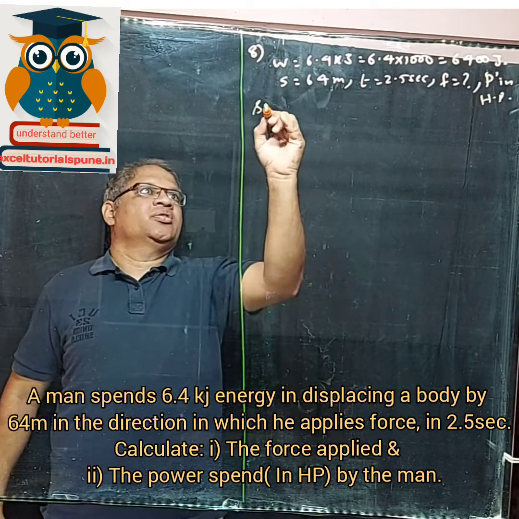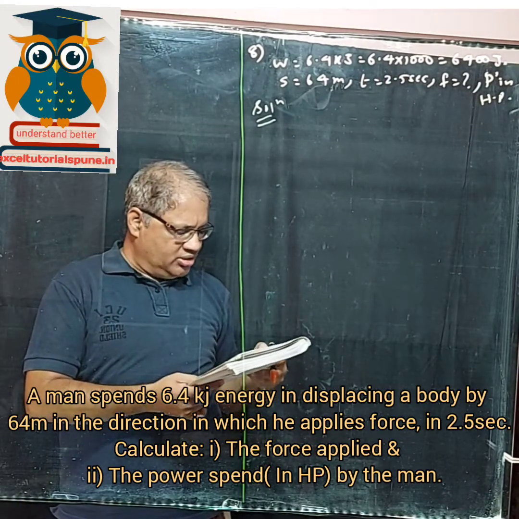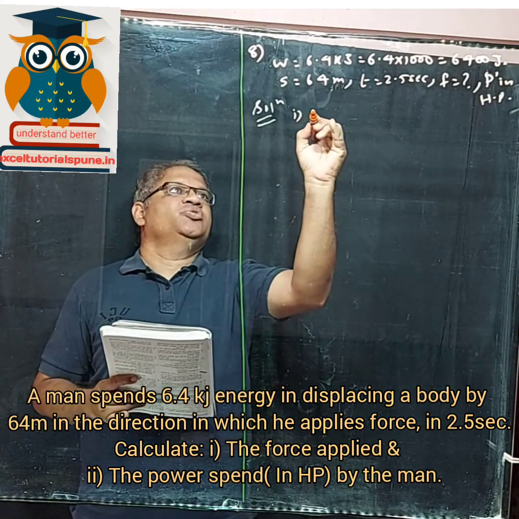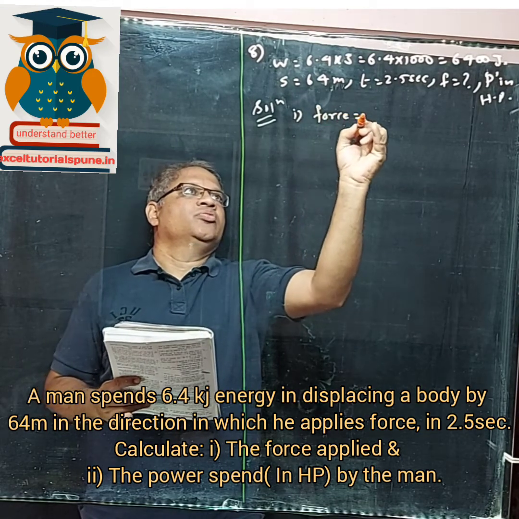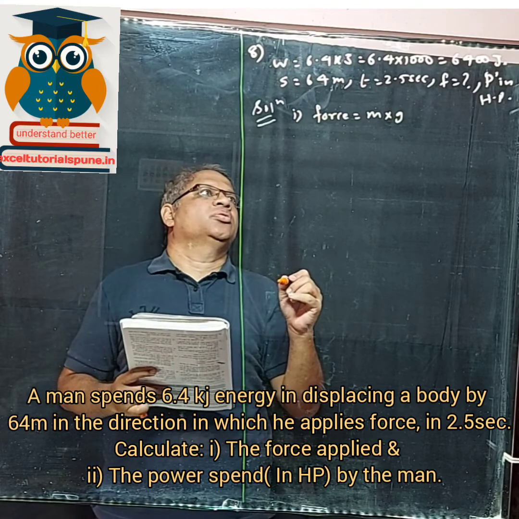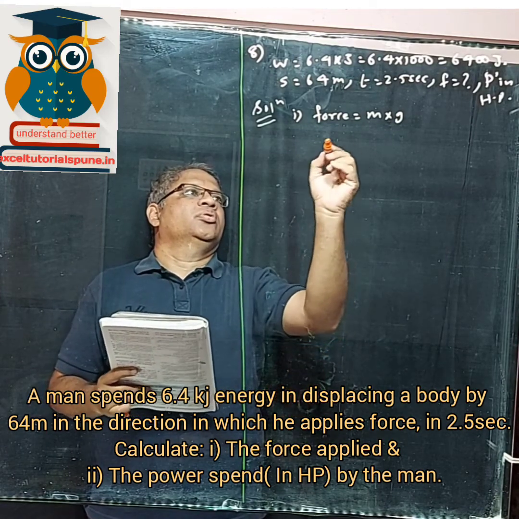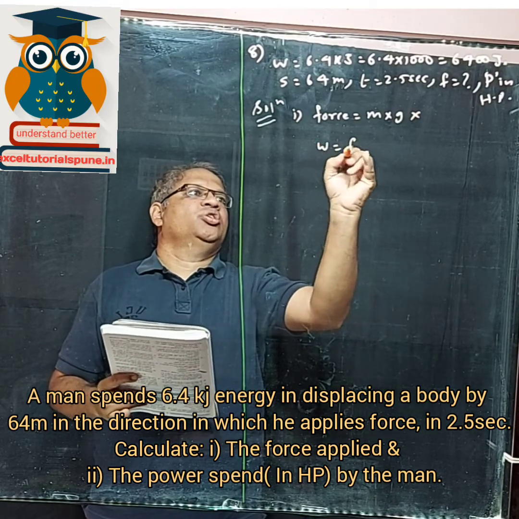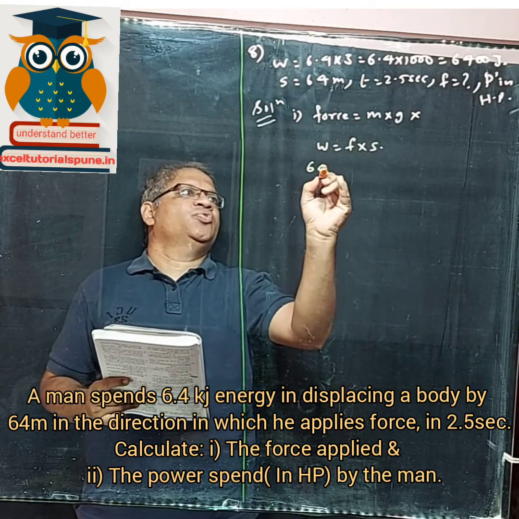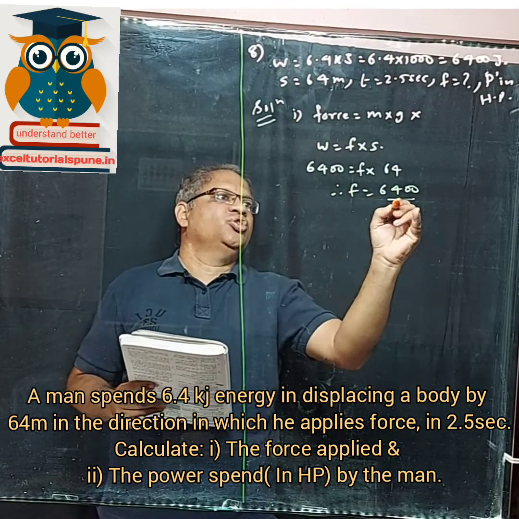Let's start. They are asking for the force applied. So first part, force. We use this formula: W is equal to Fs. Work is 6400, force into displacement is 64. Therefore force is 6400 upon 64.